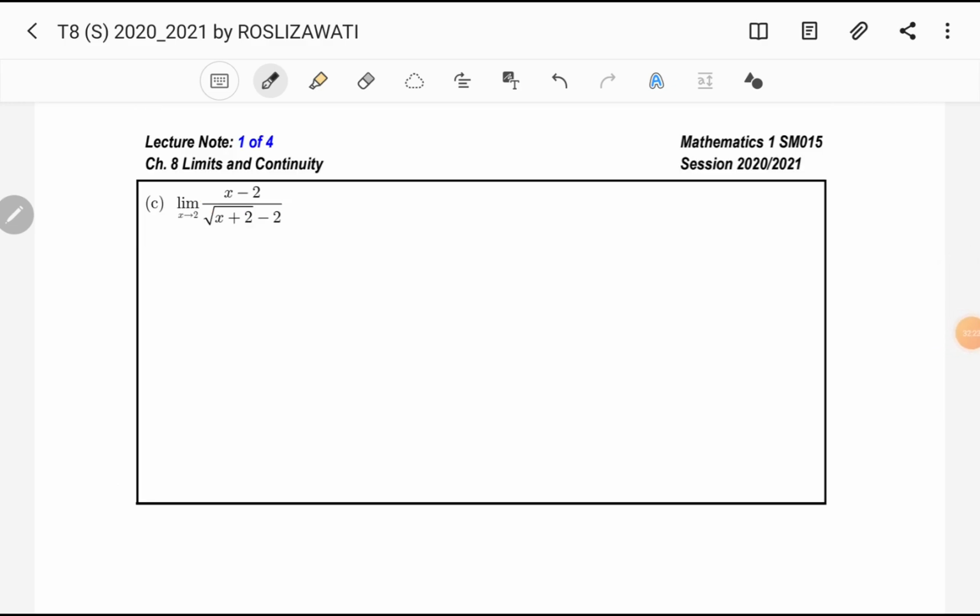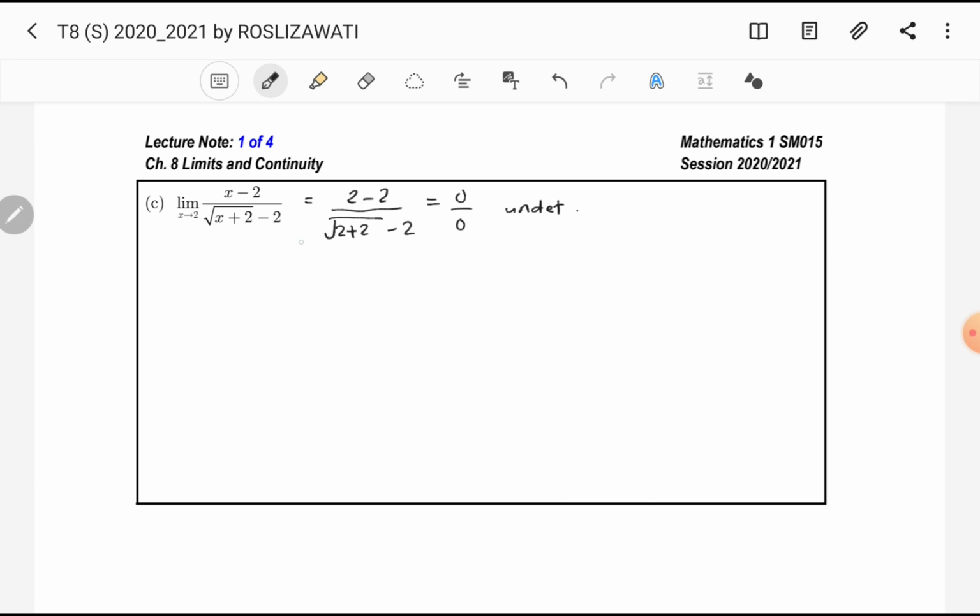Okay, and the last part, part C. Okay, limit x minus 2 over root x plus 2 minus 2 as x approaches 2. So, first kita akan cuba ganti dulu. So, 2 minus 2 divide by square root 2 plus 2 minus 2. So, we will get 0 over 0, which is undetermined.